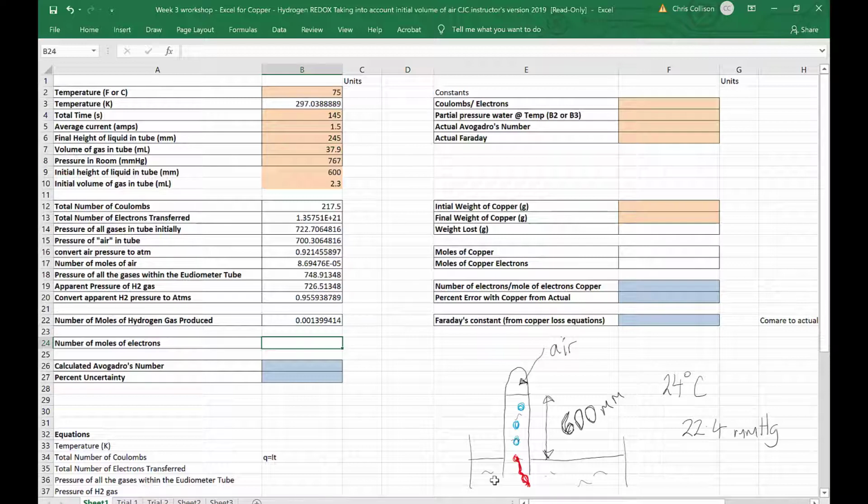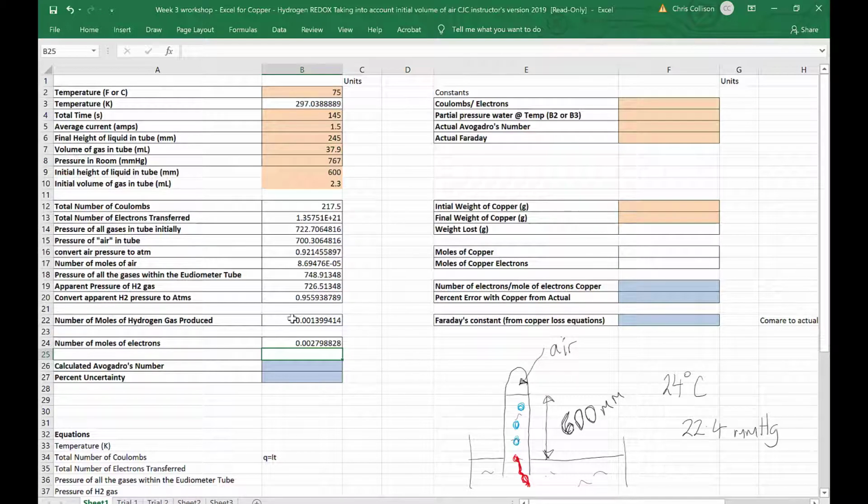So if we now know the number of moles of hydrogen gas that we produced, that's up here in cell B22, well, we know we need 2 electrons for every molecule of hydrogen, because hydrogen molecules, the formula is H2, so there's 2 atoms of hydrogen for every molecule of hydrogen gas. So we're effectively going to take this number of moles and we're going to multiply it by 2. And there's our number of moles of electrons.